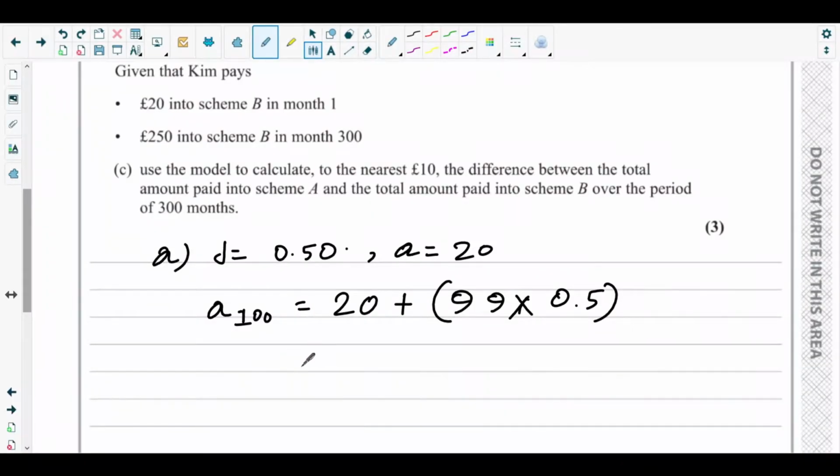So 99 times 0.5 is 49.5, plus 20, which is exactly 69.5.